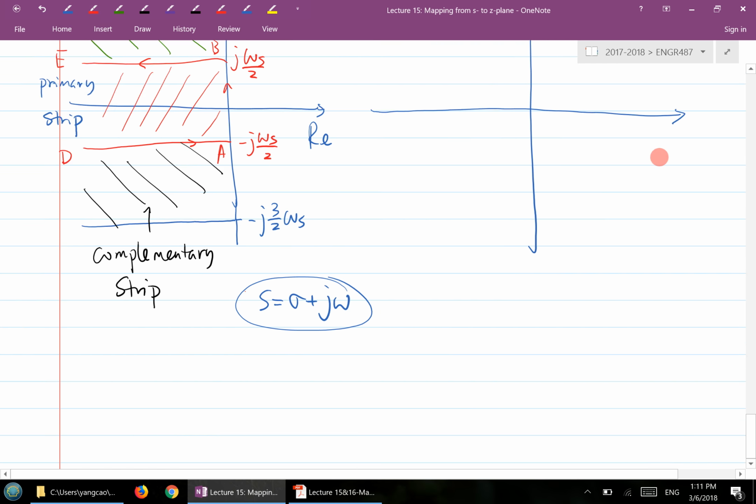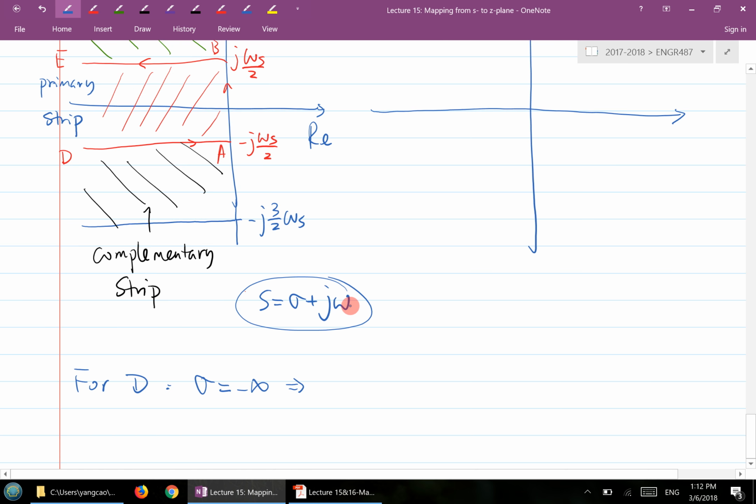So first of all, let's think about the D location here. For the D location, it literally means it's set infinitely on the left side of the s plane, infinitely to the left, which means the sigma value for D is negative infinity.